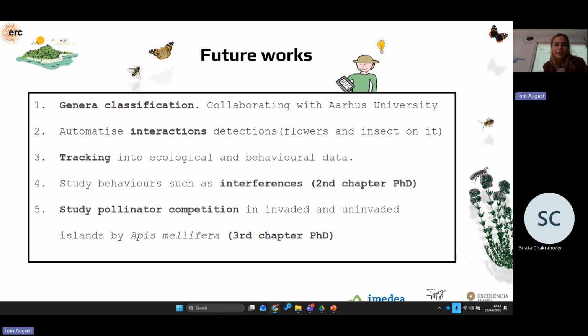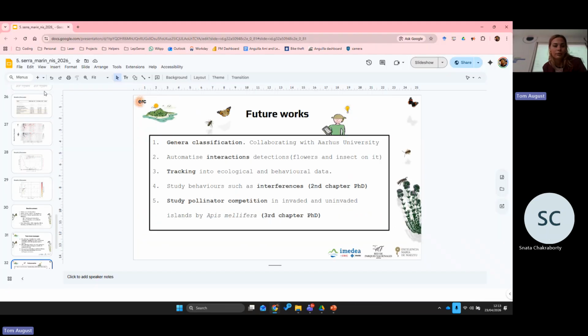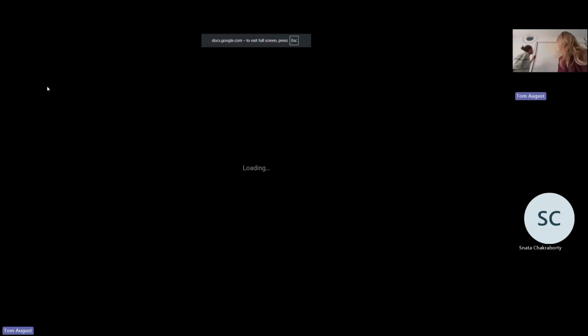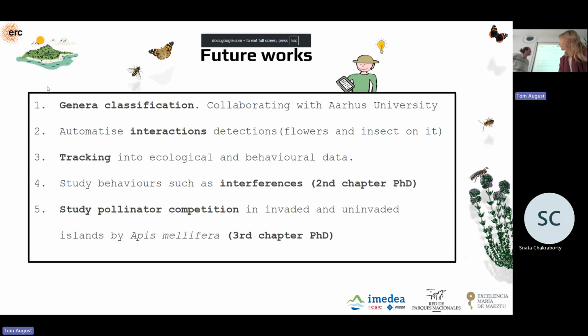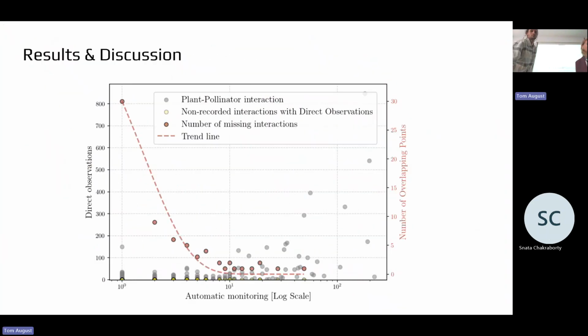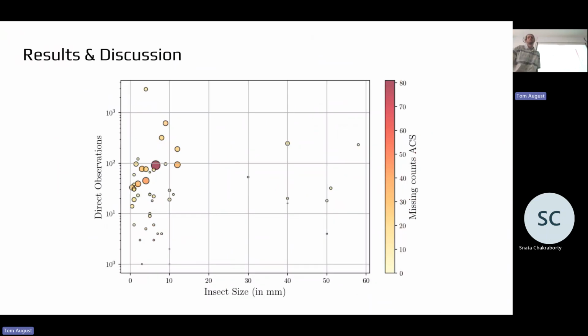Can you go back a second to the size comparison? This one? No. Wait. Three slides back. Yeah.